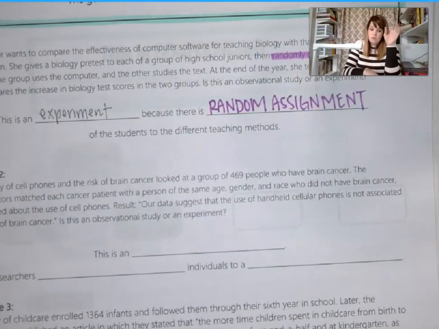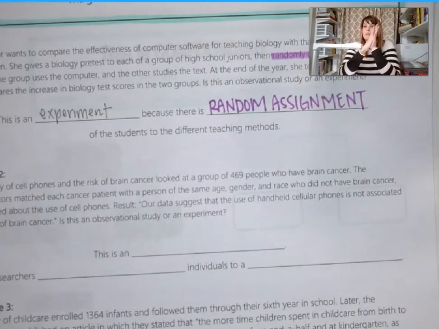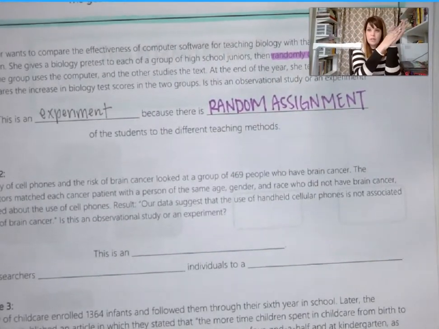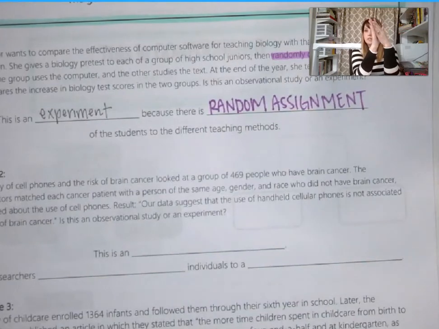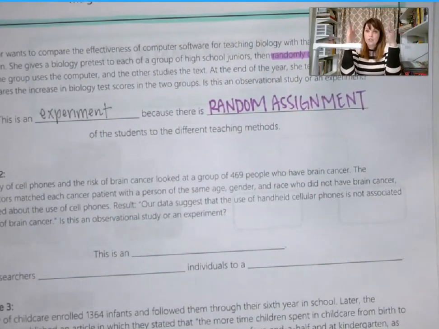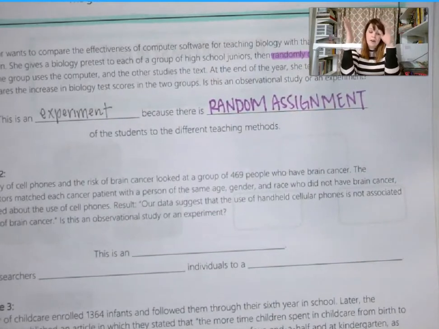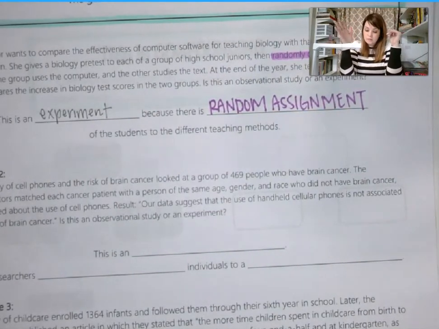So, two individuals, we're putting them in a pair. One of the individuals has brain cancer, the other one does not. All the other things about them should be as similar as possible. So age, race, gender, all the things that you can control without creating bias.